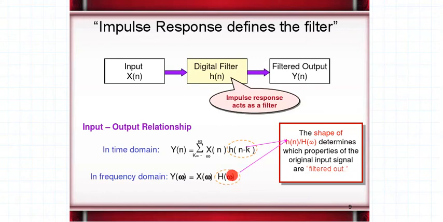The product of these two. Earlier they were convolving in the time domain; if I look at the same thing in the frequency domain, it is as if they are multiplying. So convolution becomes multiplication: Y(omega) is X(omega) into H(omega).